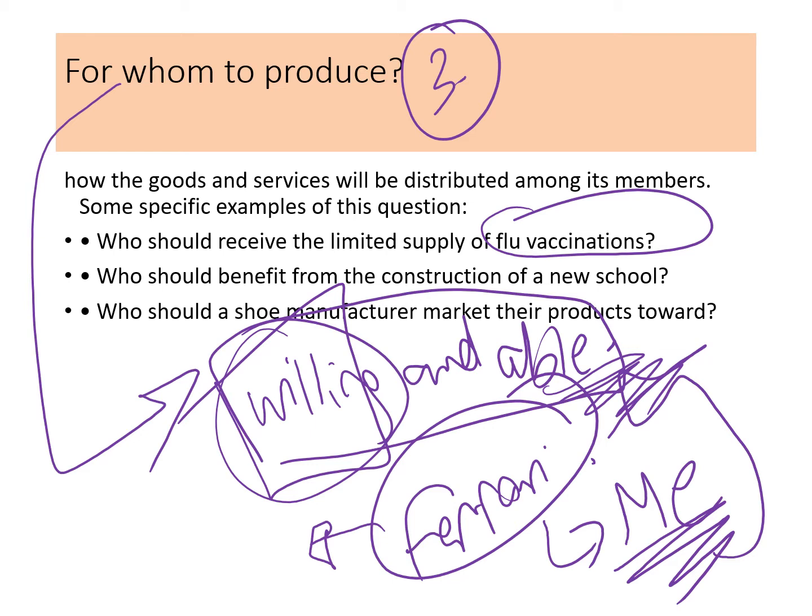For example, the old people, since their immune system is not strong enough. Who should benefit from the construction of a new school if it was a public school? Who would be the one benefiting? The less fortunate in the country. So particularly the poor people who cannot afford going to private schools.